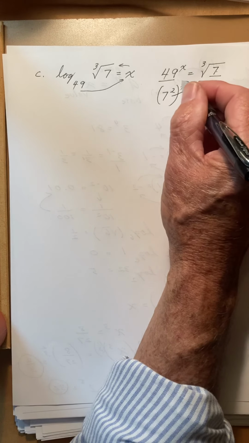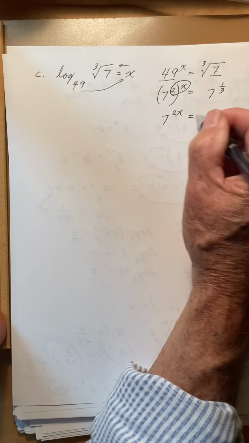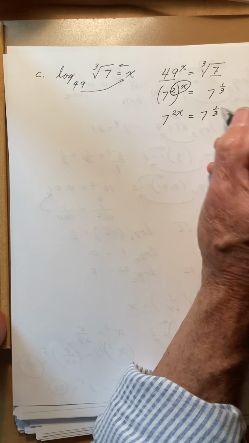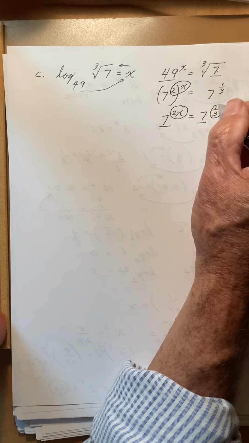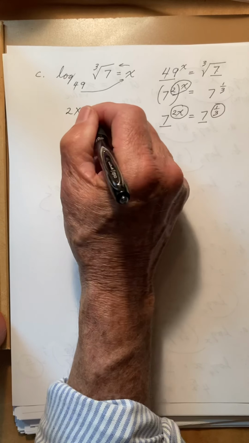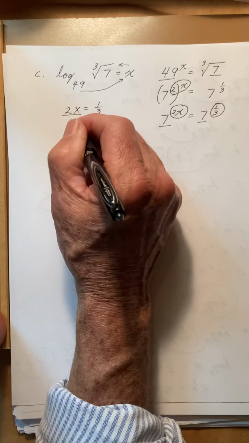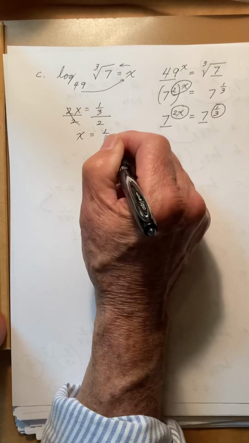We're going to now raise a power to a power, and we're going to get 7 to the 2x power, and that equals 7 to the 1/3. Since the bases are the same, the exponents are the same. In other words, they equal each other. So 2x equals 1/3, and divide by 2, and x is 1 over 6.